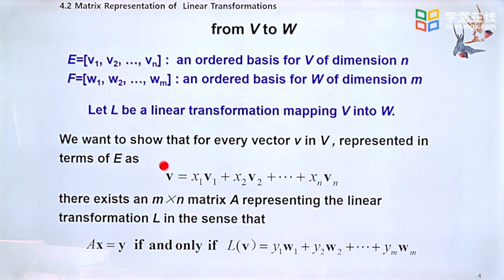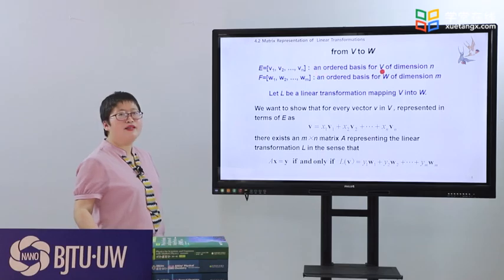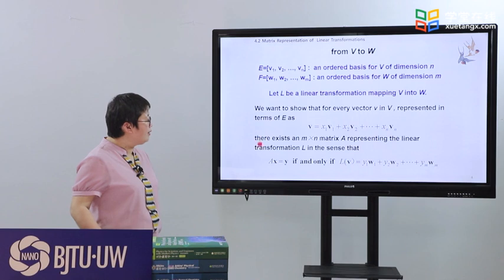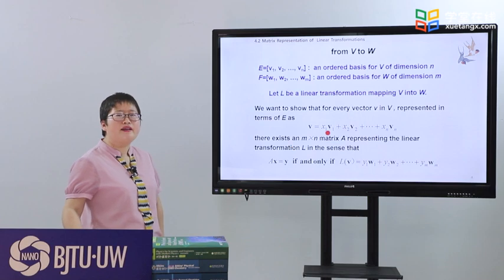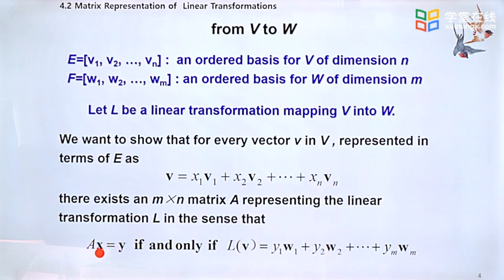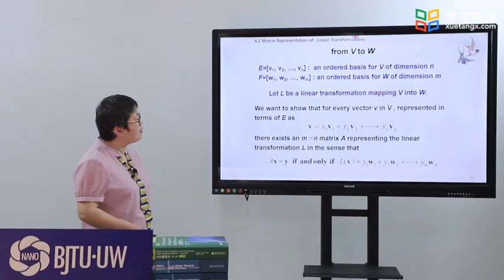So this means we write v as a linear combination of the given basis vectors in vector space V. And there exists an m by n matrix A representing the linear transformation L in the sense that Ax equals y if and only if L(v) equals y1 w1 plus y2 w2 plus ... plus ym wm. So what does this mean?